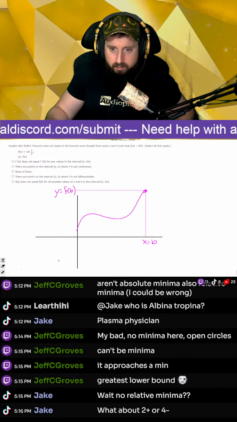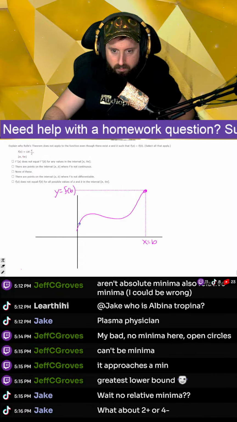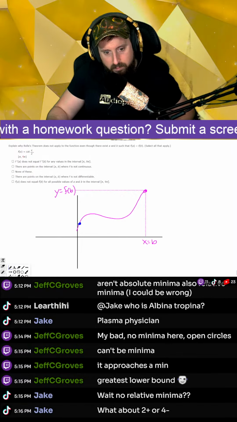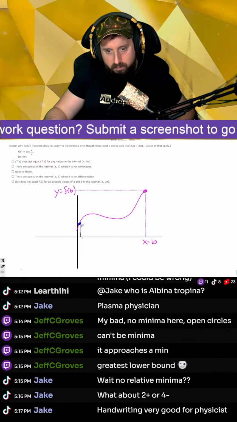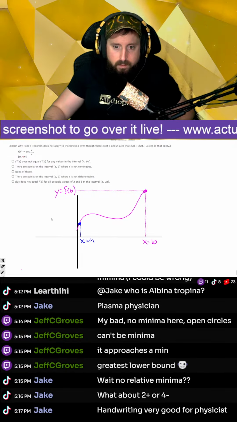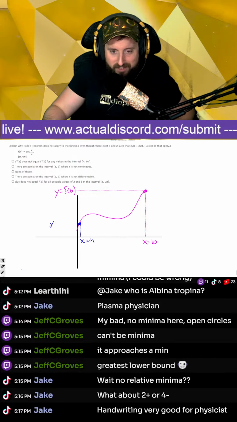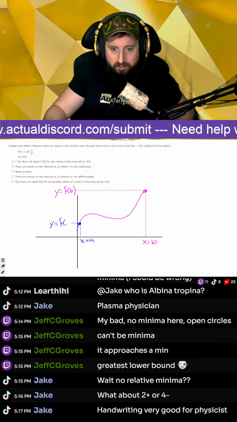And there's another point here, x is equal to a. Then this is y equals f of a.